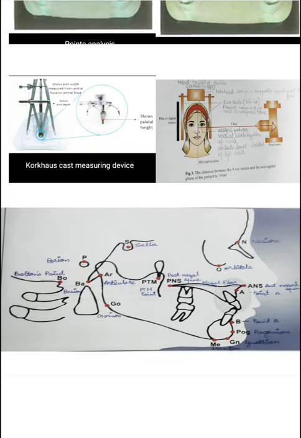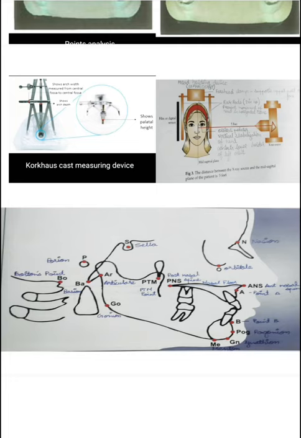Point A is the deepest point in the midline between the anterior nasal spine and the alveolar crest, between the two central incisors. Point A is also called subspinale. Point B is also called supramentale.